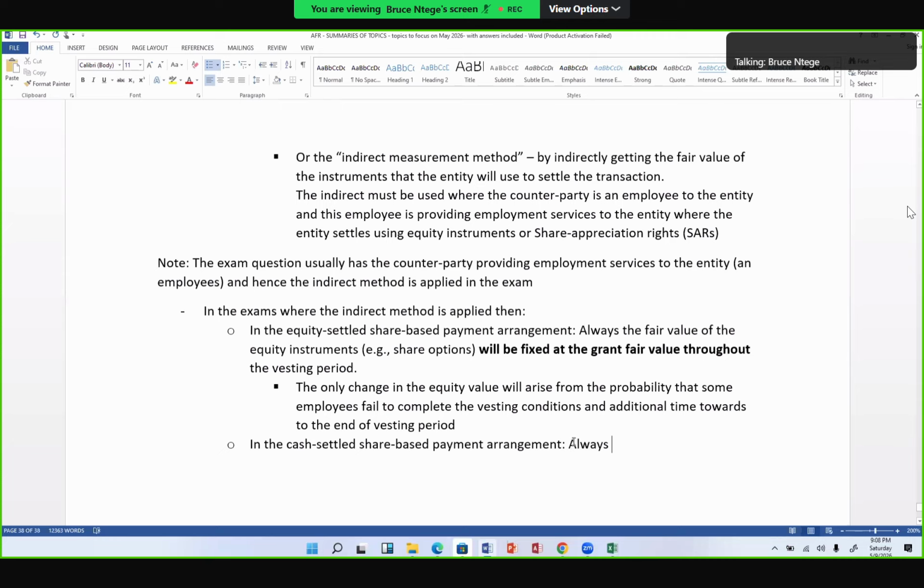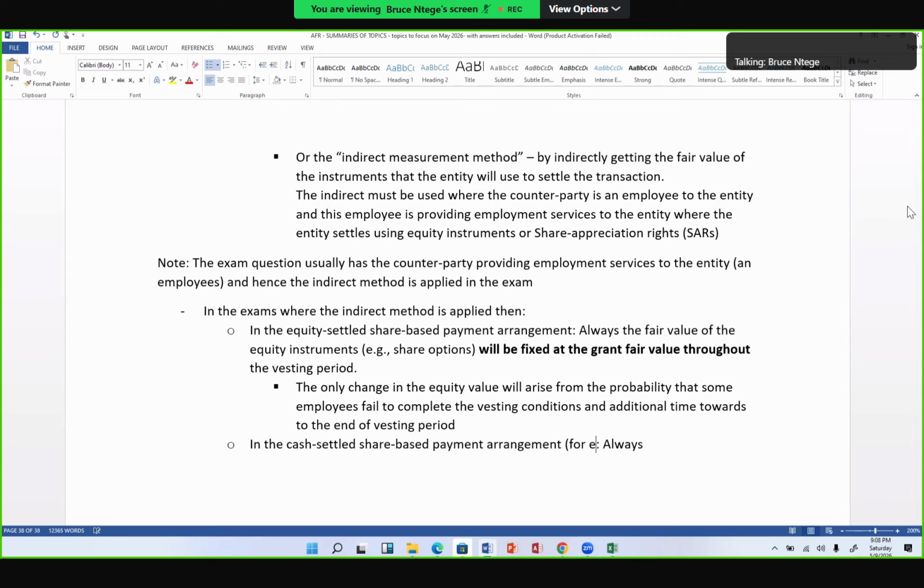Perhaps here I would say, for example, the share appreciation rights. Please, I'm going to abbreviate the words share appreciation rights. For example, if we have share appreciation rights granted to the employees, always remeasure that liability to fair value. Always remeasure that liability, that payable. So that liability is the payable. Okay.